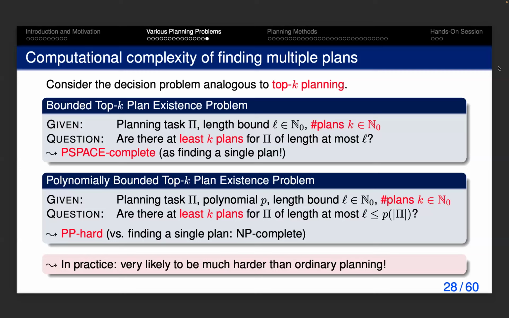From what we see in practice, it seems to be very much harder than the ordinary classical cost-optimal planning. And these are all the results that we have. Okay, so I invite you to give us more.